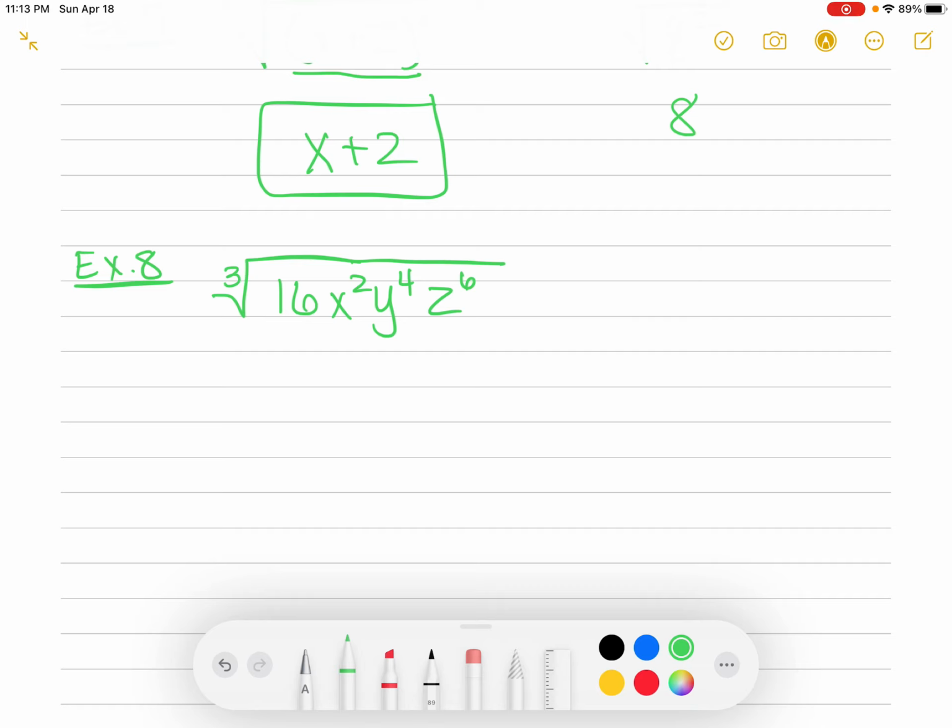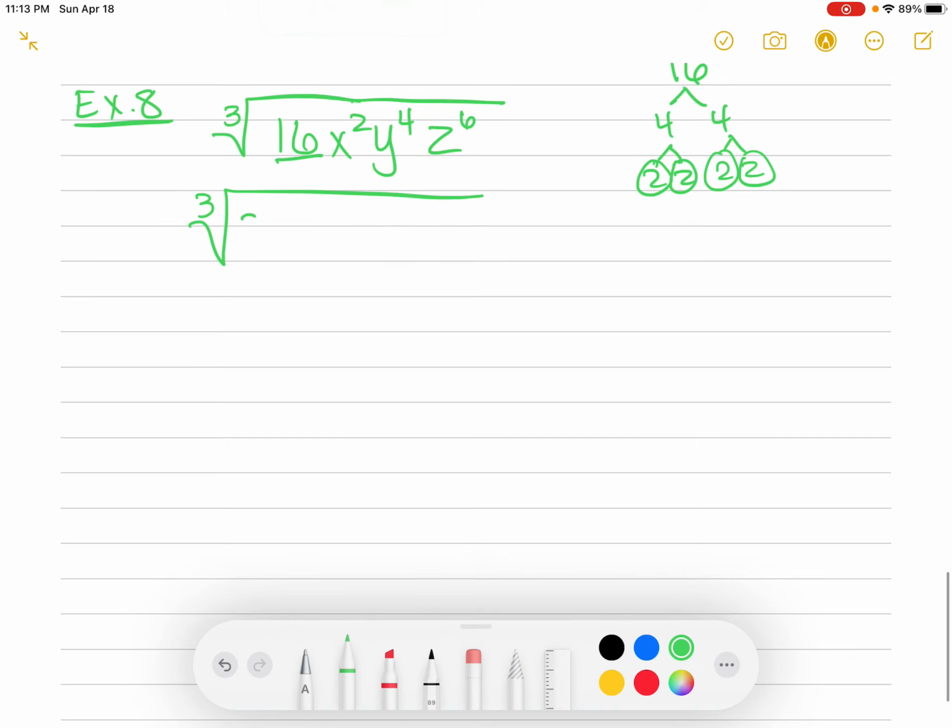If I were to write out all of 16, if I were doing a tree, I would have 4 times 4, and then 2 times 2, and 2 times 2. So I have 4 2's there, right? Okay, so I'm going to write those all out. 2 times 2 times 2 times 2. That's my 16. And I have x times x.